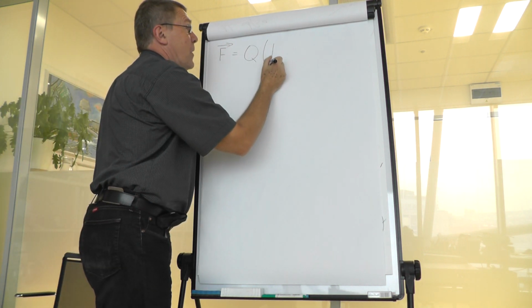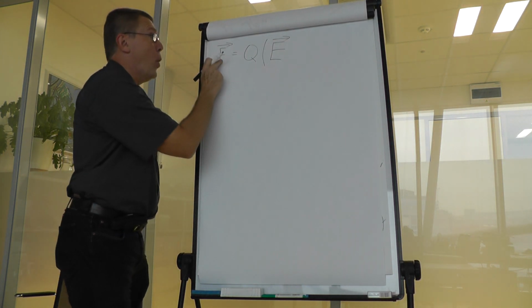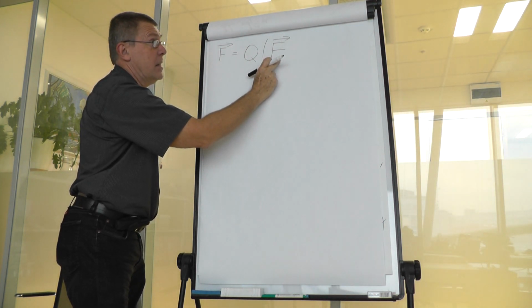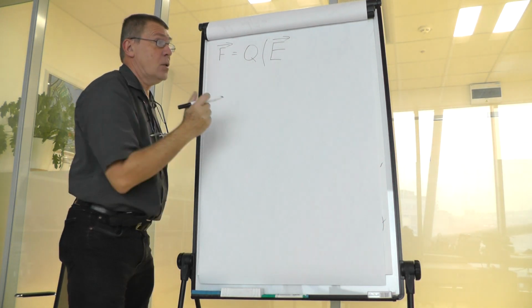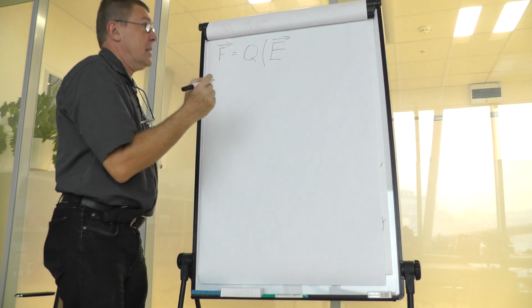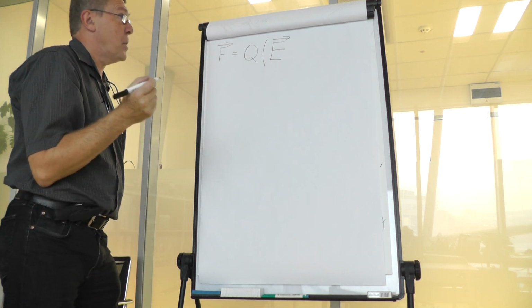So first we have the electric field strength, and the force is of the same direction here, just it could be in the opposite sense for negative charges and positive sense for positive charges.